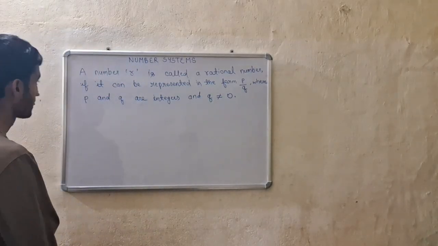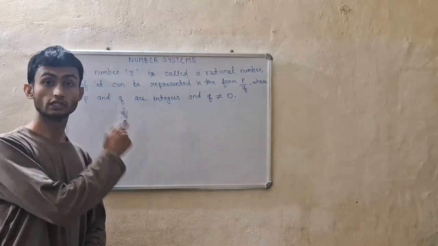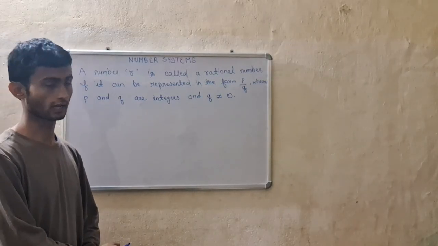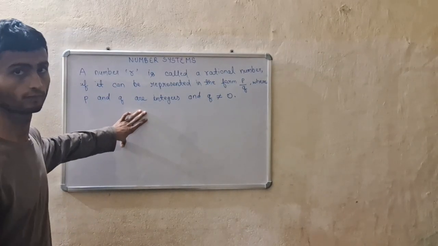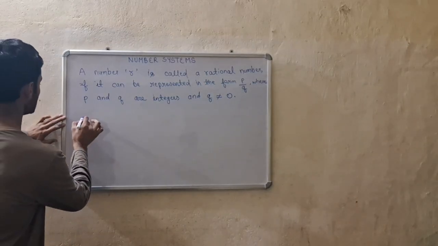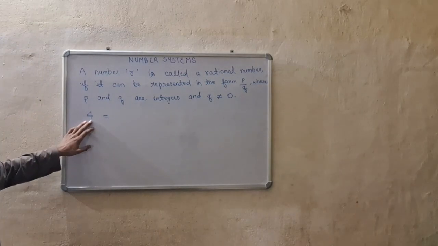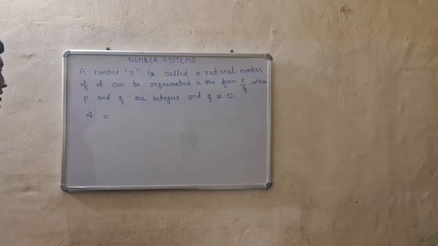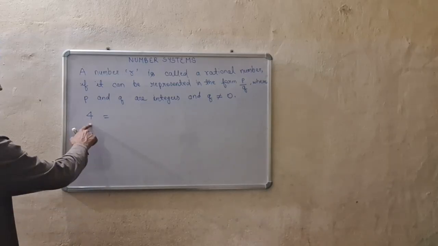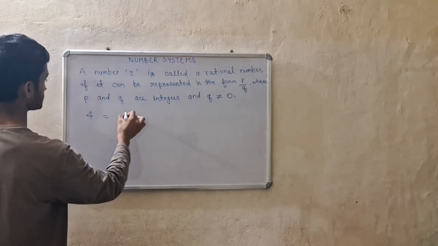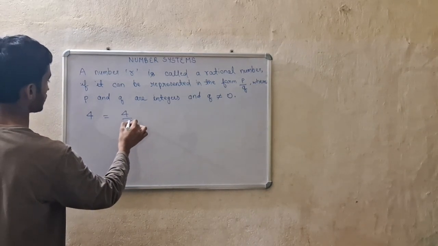So now what we said is that the integers are also rational numbers. So how are they rational numbers, right? If we look at this definition and then the integers, let's say an integer 4, how can this 4 be a rational number? Because we know that this 4 can be represented in the form P upon Q as, let's say, 4 upon 1.